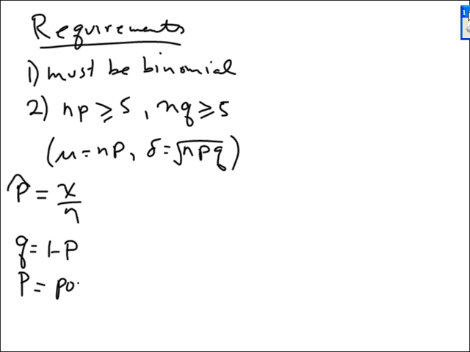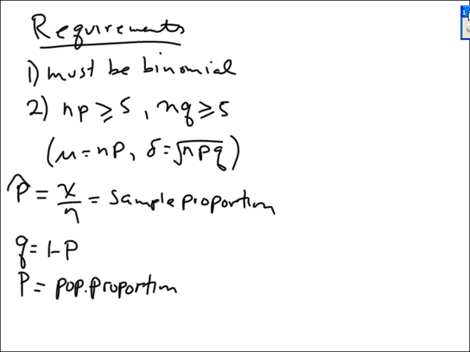P is the population proportion. And while we're at it, P hat is the sample proportion: the number of successes in the sample divided by the sample size.